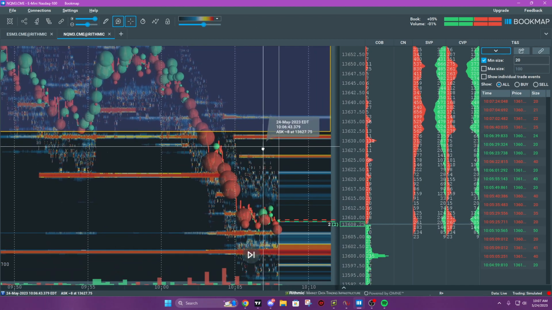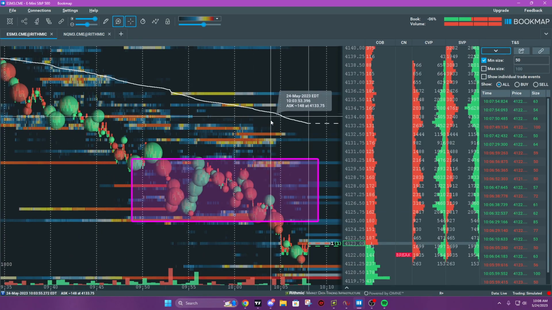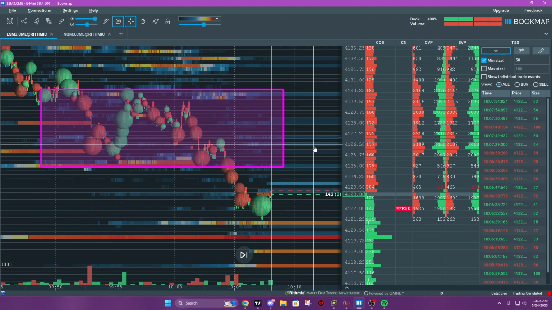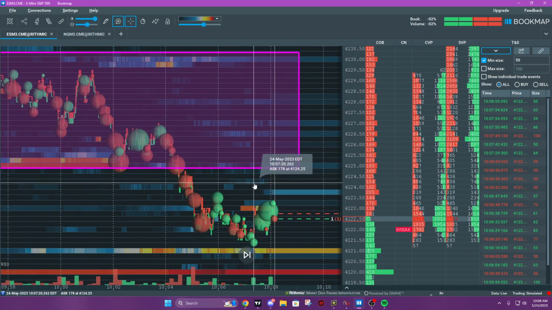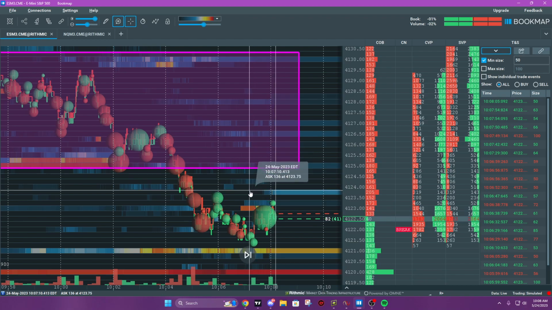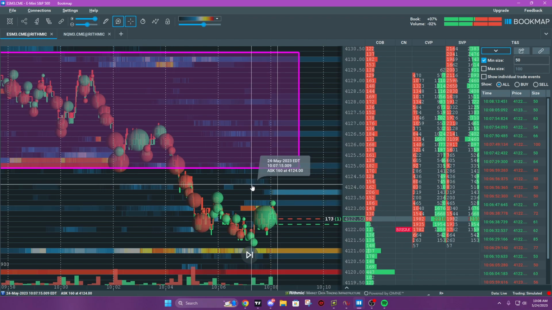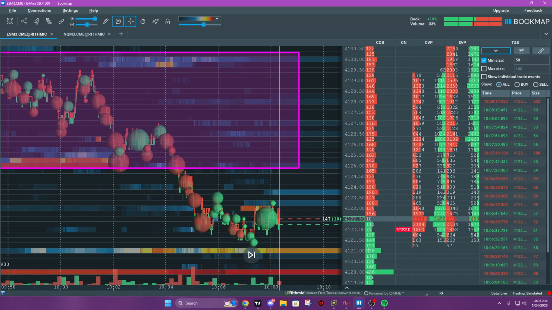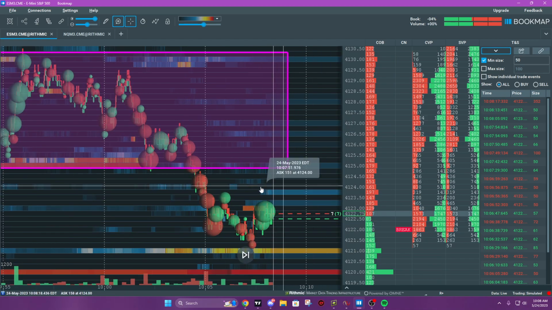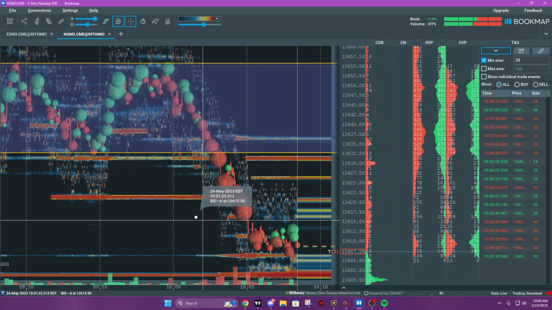So ideally for NQ, break 13,600, and then ES might get some continuation down. So NQ is definitely weak for sure.